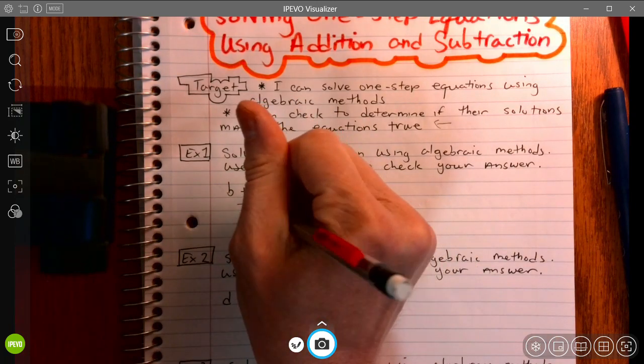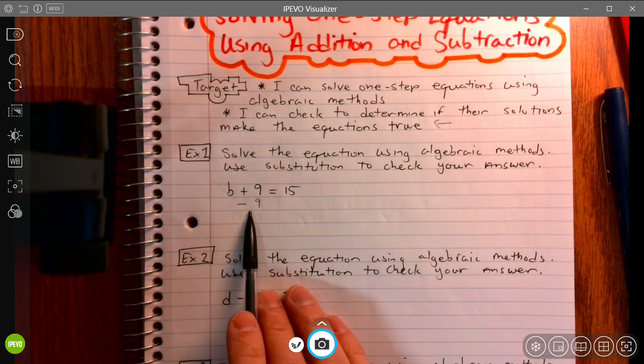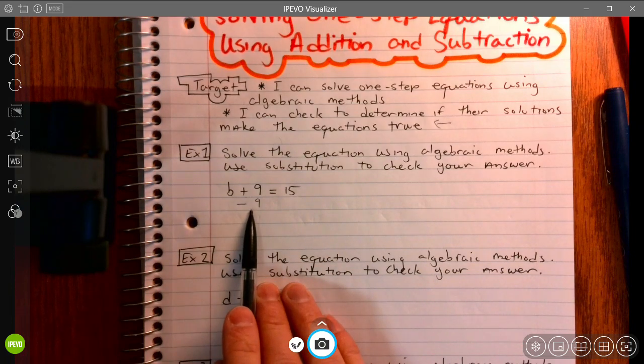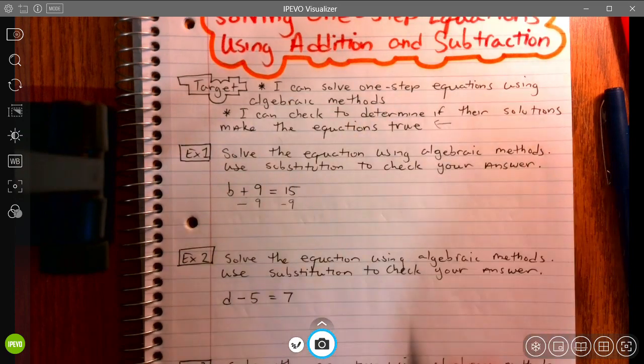Well, I have to subtract 9. Now, just like when we were doing ratios, what I do to one side of the equation, I have to do to the other side of the equation. I have to balance it. So if I subtract 9 from this side, I also have to subtract 9 from this side.